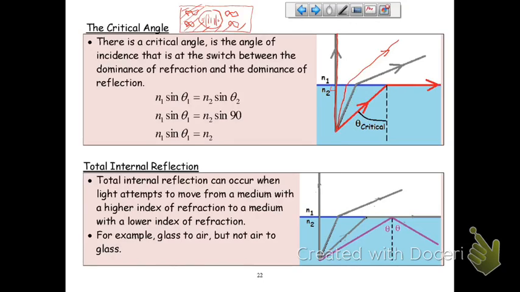And this is called a critical angle. If you go beyond the critical angle, you get total internal reflection, which is better than a mirror.